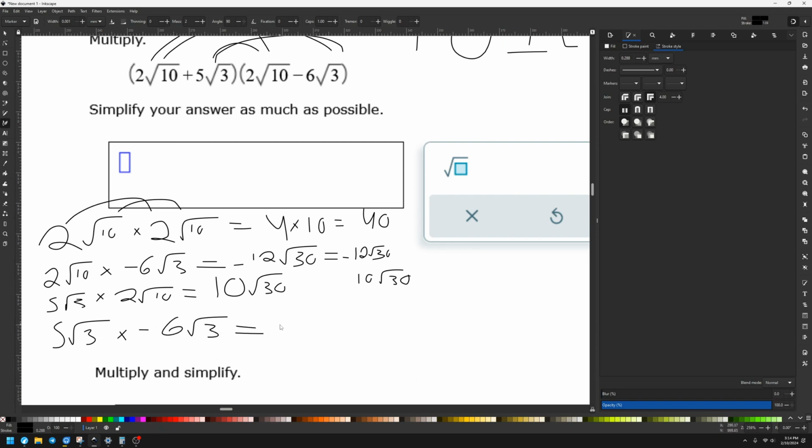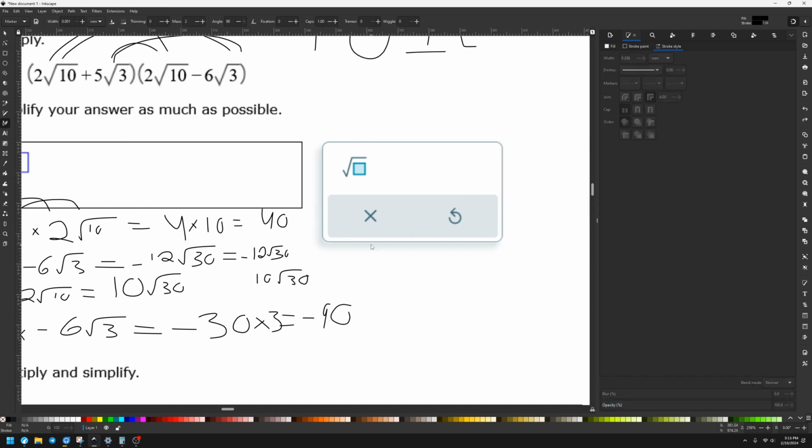Okay, 5 times negative 6, that's negative 30. And the square root of 3 times the square root of 3 is going to be 3. Okay, we're going to have negative 90. And now all these terms we've collected, we're going to add them.